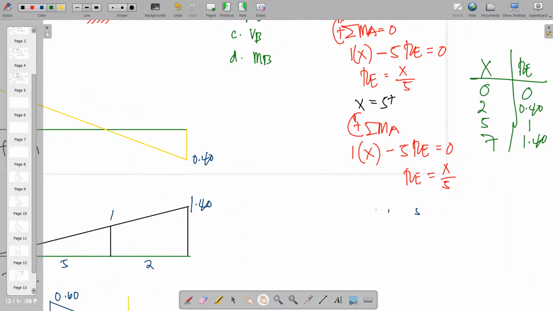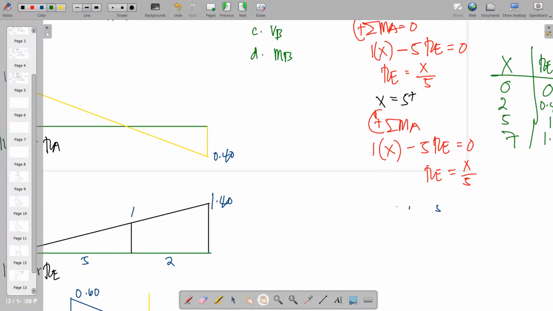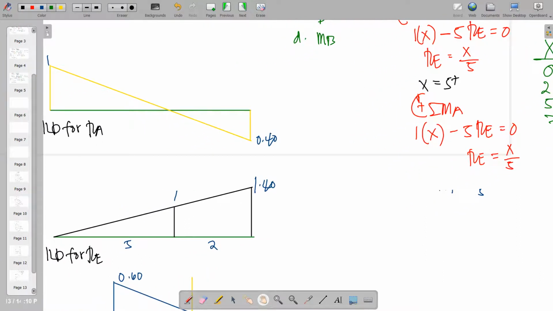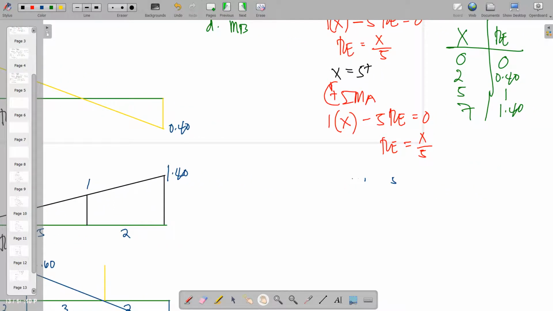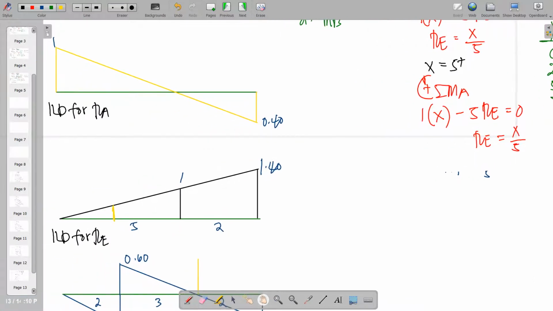At x equal to 5, it is 1, and at 7 it is 1.4. So somewhere in 2 meters, say this is the 2 meters, we have a value of 0.4. Okay, so this is the ILE for reaction at E.